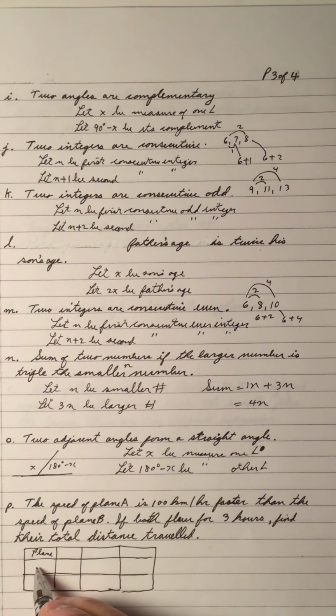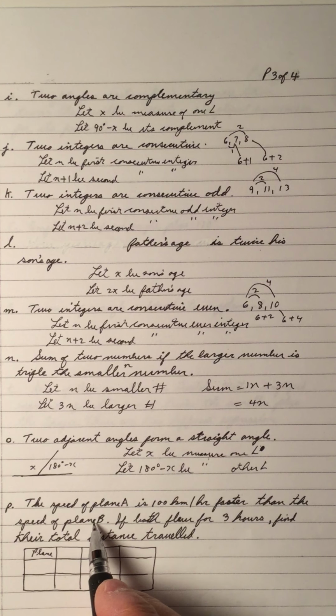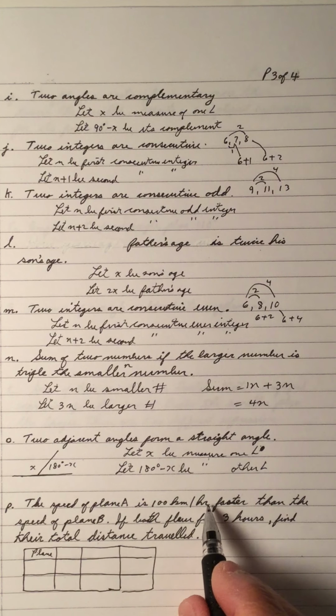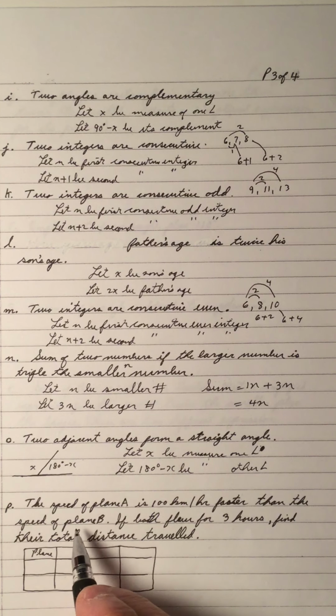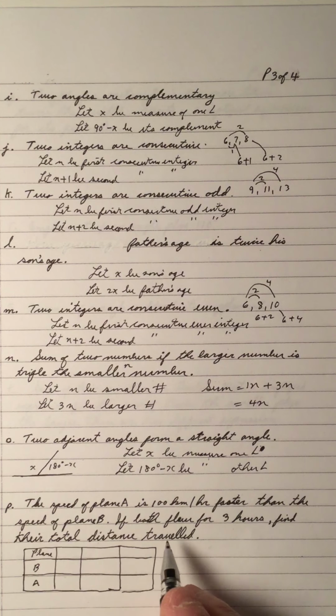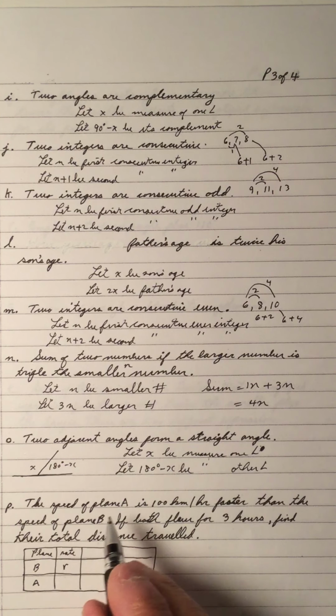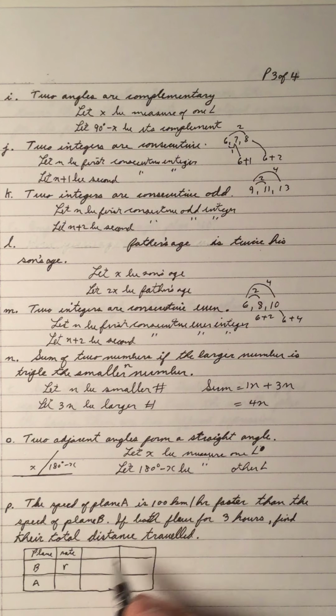We have two planes, and I'm going to let plane A be in terms of B, so I'm going to do B and then A. The rate I'm going to denote by r. So the rate of plane B is r, and plane A is 100 kilometers faster, so this is r plus 100.